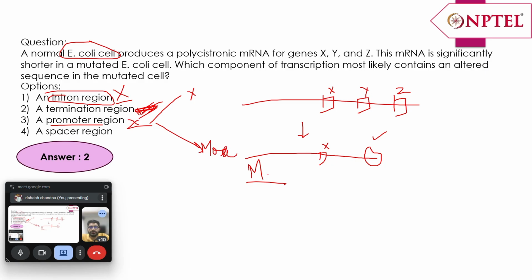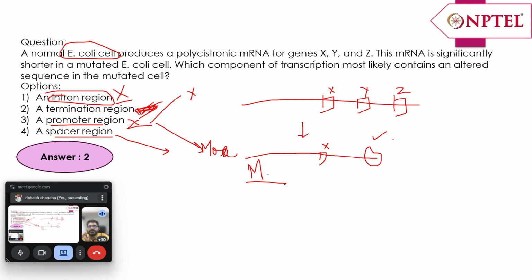So this reason is also neglected. Then a spacer region. So a spacer region will not be a correct answer because in this case there is no spacer region. In case of polycistronic mRNA, there is no spacer region present.